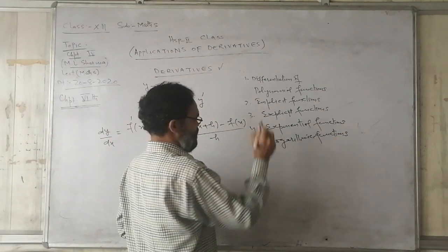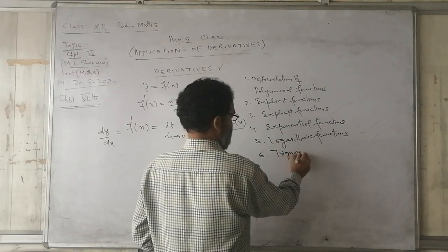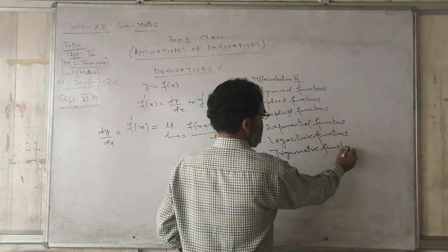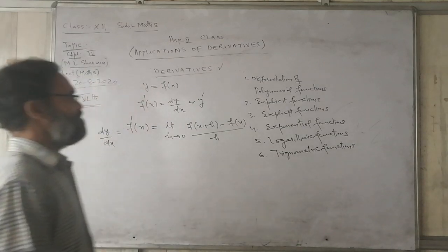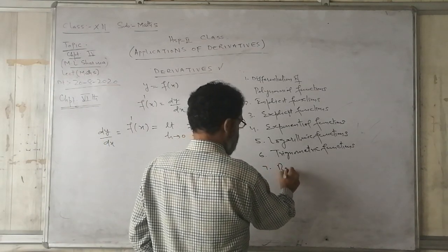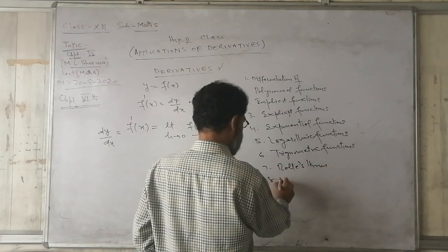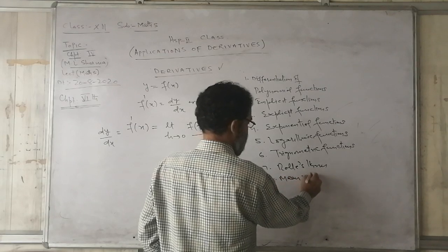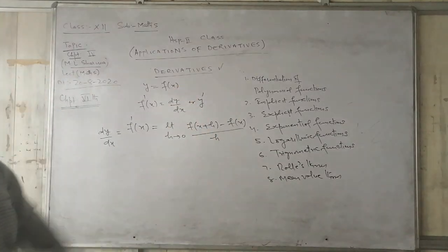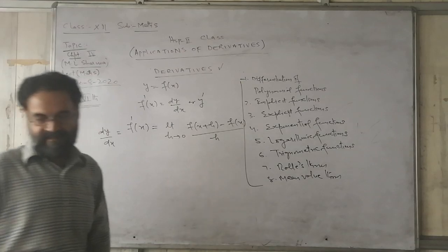We had trigonometric functions, their differentiation, and Rolle's theorem, then mean value theorem, so derivatives in the 7 to 8 exercises, they have been completed.